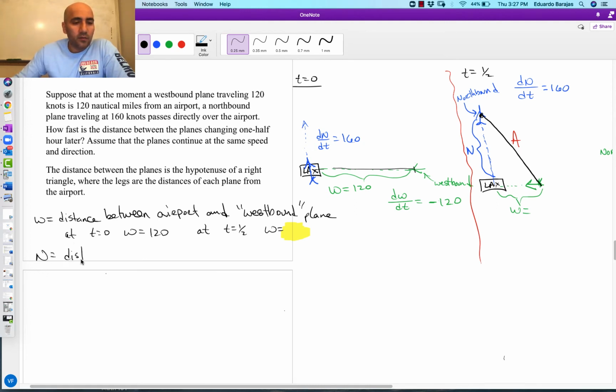N represents the distance between the airport and this northbound plane.